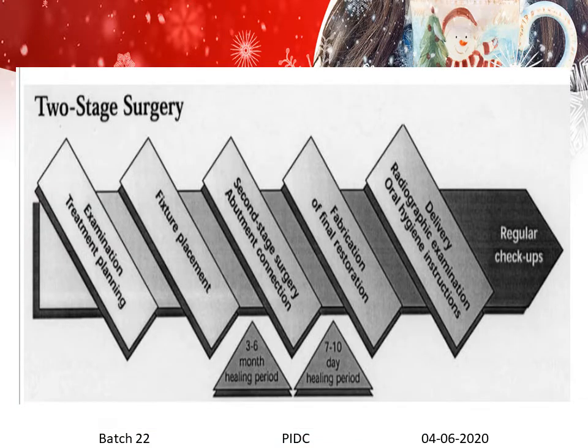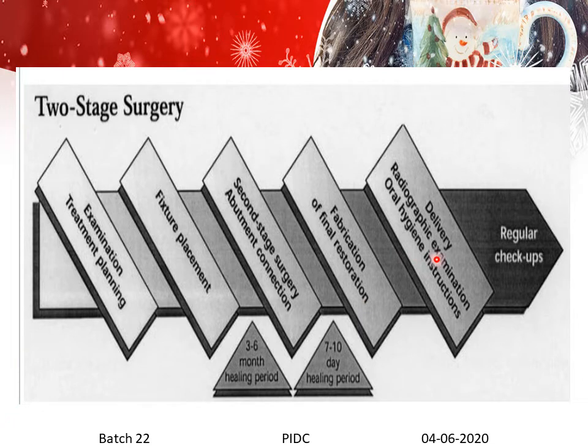Stages of surgical procedures. In this case, after examination and treatment planning, that is in case of a 2-stage procedure, the implant is fixed, then we give a 3 to 6 months healing period. That is, for proper osseointegration to occur, we give a 3 to 6 months healing period, and then go on with the second stage, where there is going to be an abutment connection given, after which again we wait for a 7 to 10 day healing period, and then we go for the fabrication of the final restoration.